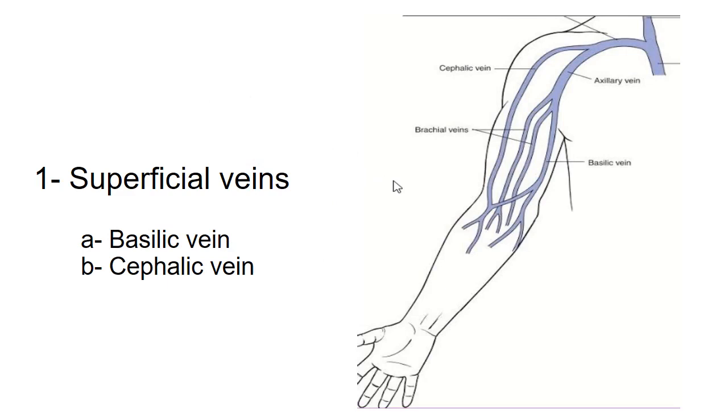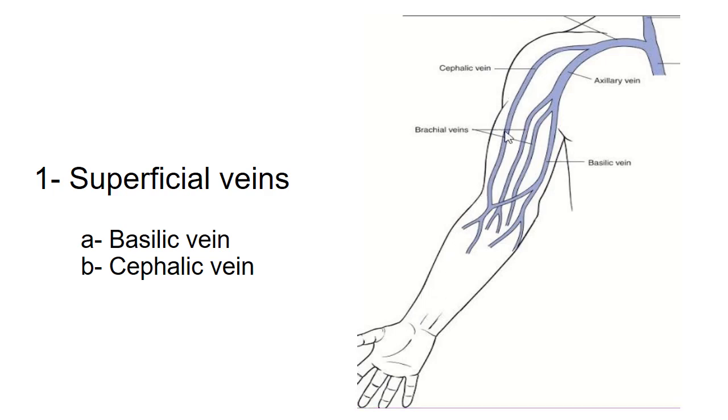We have the dorsal venous arch, a network of superficial veins on the dorsum of our hand. From the lateral end of this dorsal venous arch, there ascends a vein which is known as the cephalic vein. The cephalic vein runs in the subcutaneous tissue and ascends in the subcutaneous tissue of the lateral aspect of the forearm and arm.